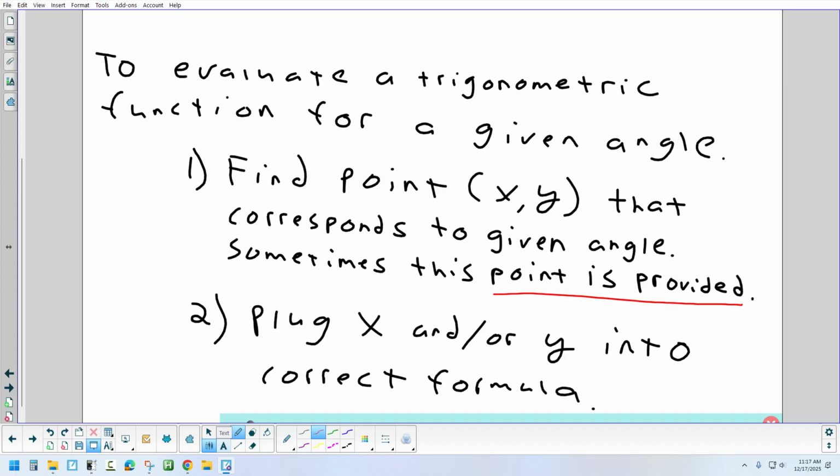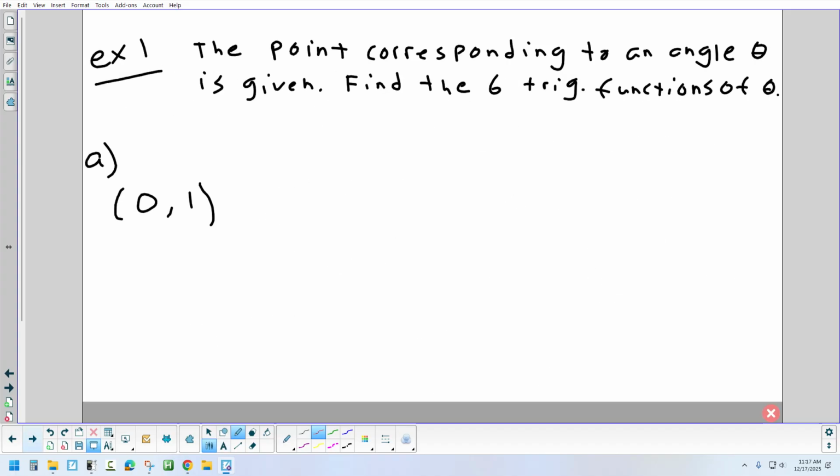Okay, so let's try this one. They're giving us a point. It represents some angle. You should know what angle it represents. You don't need to do this problem, but can anybody tell me what angle that 0, 1 does represent? Yeah, it is 90. Again, that's not what's important. What's important is the location, 0, 1.